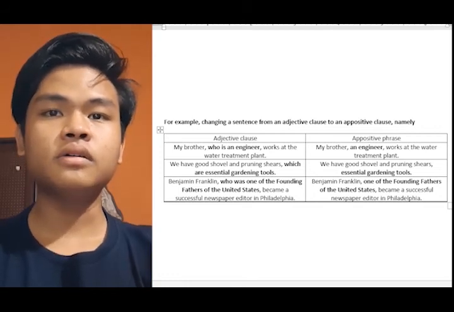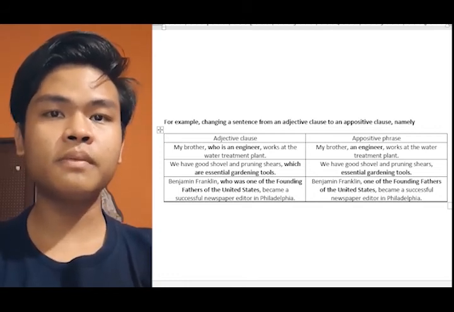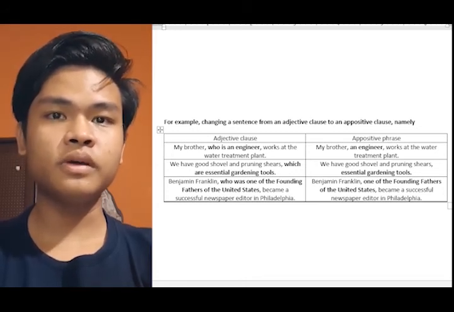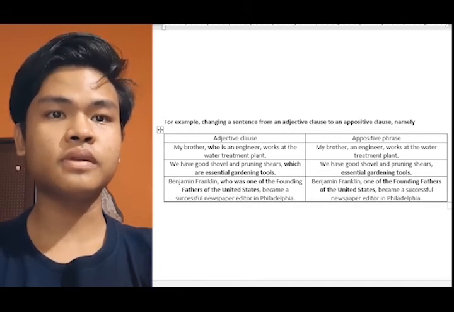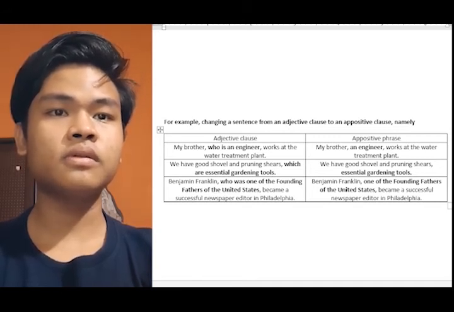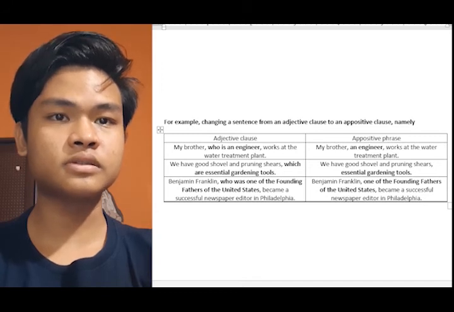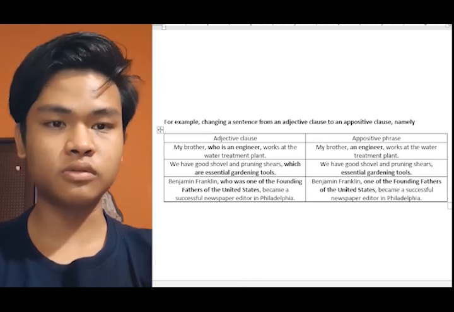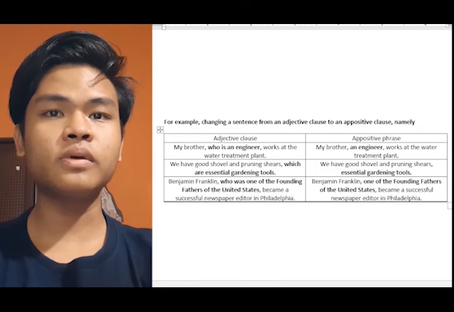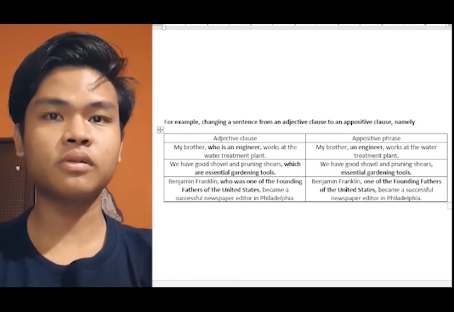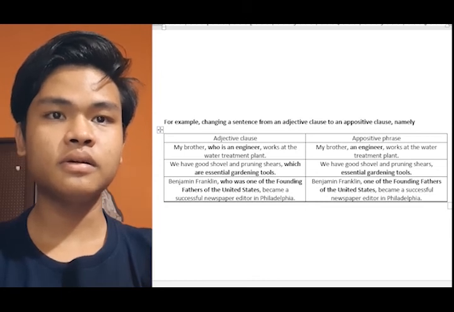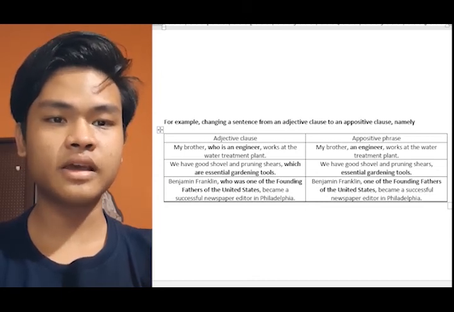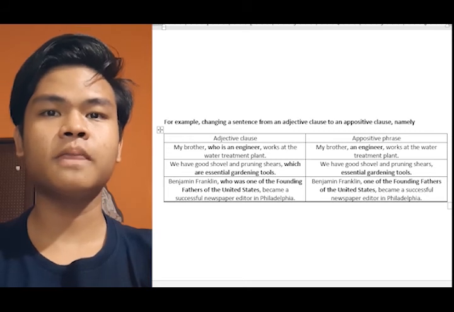Next, example 2. We have a good shovel and pruning shears, which are essential gardening tools. To an appositive phrase: we have a good shovel and pruning shears, essential gardening tools. We eliminate which as the relative pronoun and are as the verb be. Next, example 3.